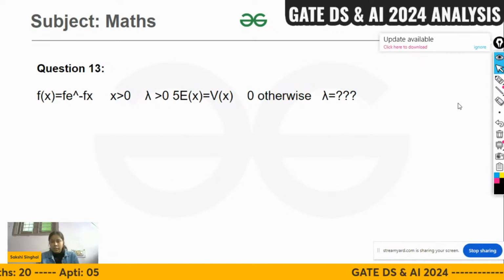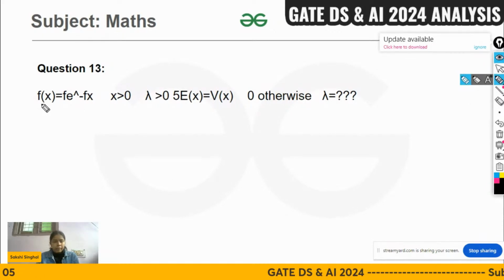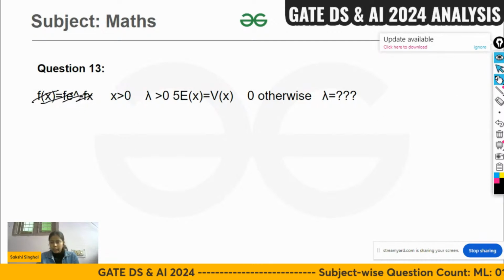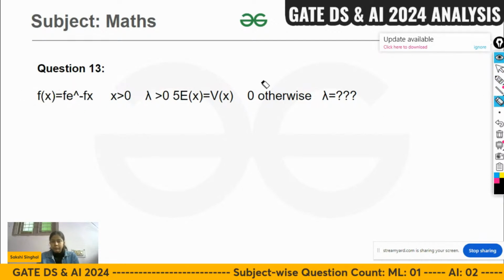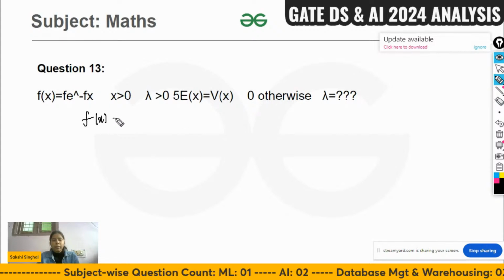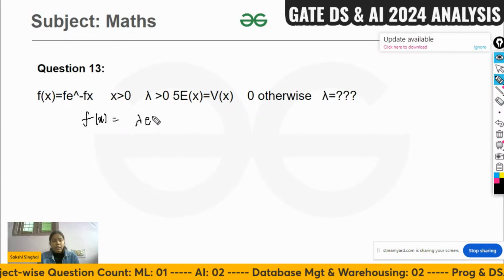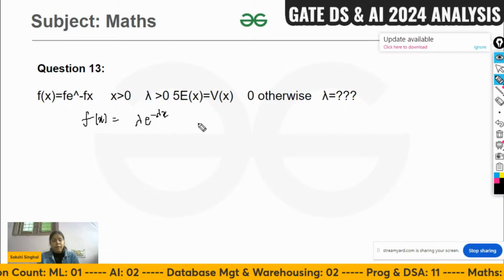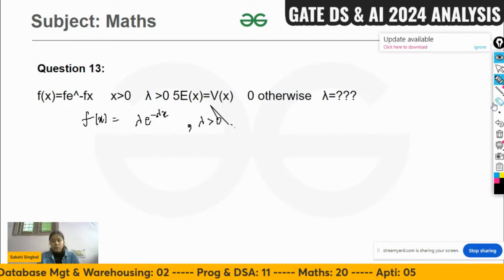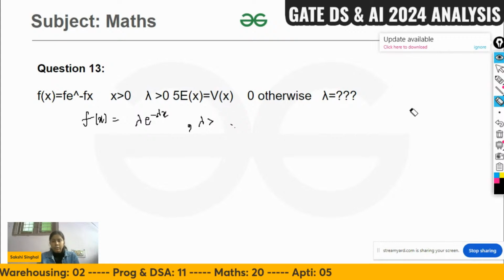So guys, this question basically, let me write it down correctly. Here the question was giving us the exponential distribution lambda e to the power minus lambda x, where lambda is greater than 0, right?